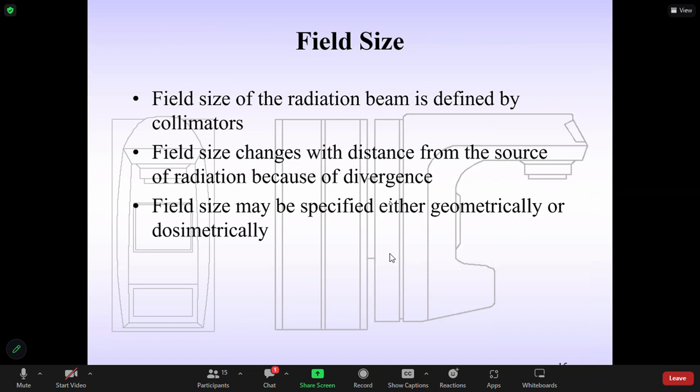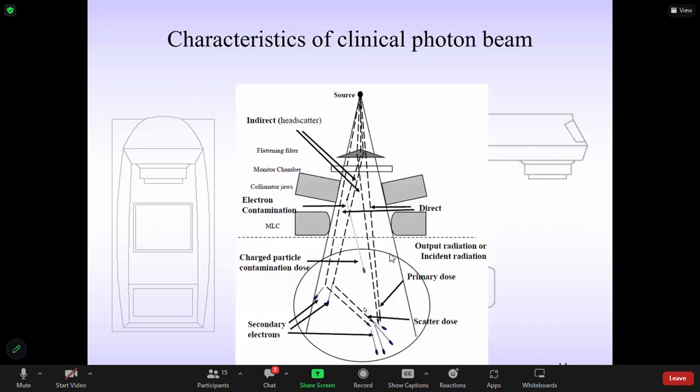So the field size, when we talk about field size, what does it mean? The field size basically is usually defined by the collimator. Now if you look at this slide, this is a schematic of a linear accelerator.